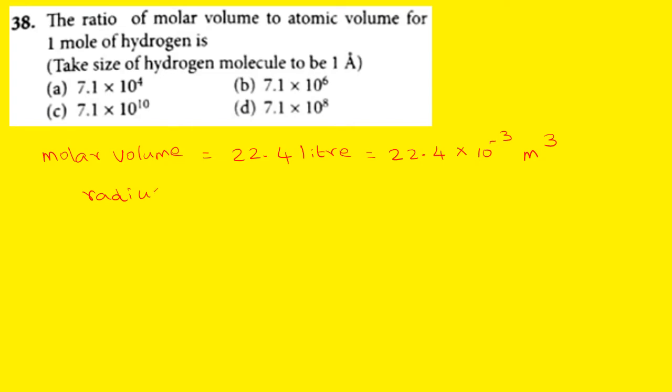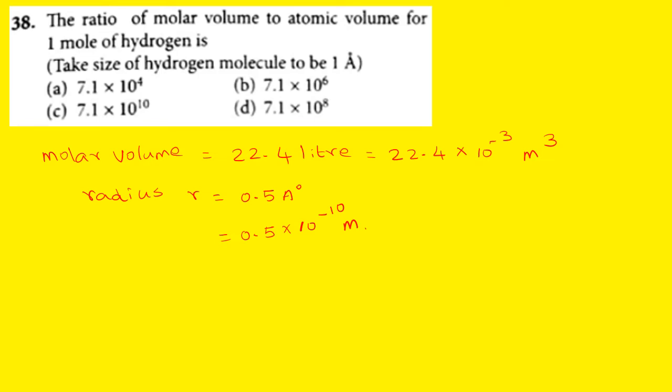So the radius of the hydrogen atom is 0.5 angstrom. For converting angstrom into meter, I have to multiply by 10 power minus 10. Again you need to memorize this, children.